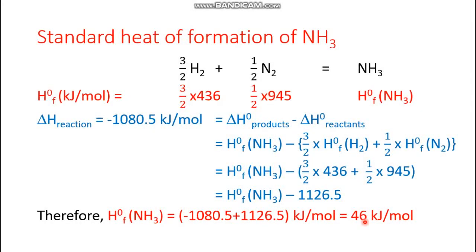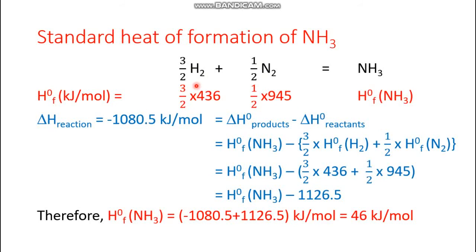Okay, and last but not least, the example of formation of ammonia. So what is the standard heat of reaction of formation of ammonia? This is the equation for formation of 1 mole of ammonia gas: 3/2 H2 plus half N2 equals NH3.